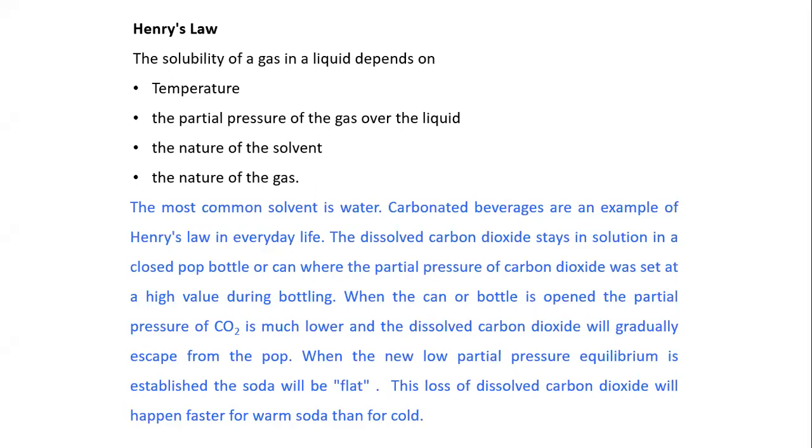This loss of dissolved carbon dioxide will happen faster for warm soda than for cold. And if you remember from our last example, I think it's one of the examples we solved, where we asked why a bottle of carbonated drink will suddenly burst open when you keep it under the hot sun. This is the reason.